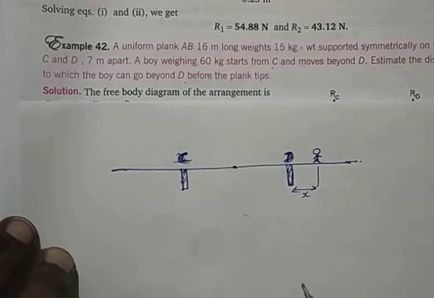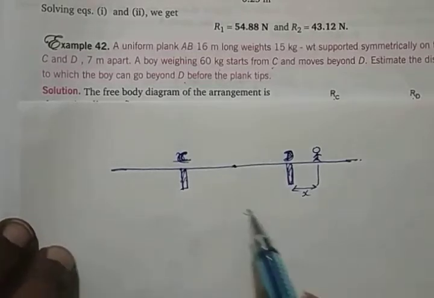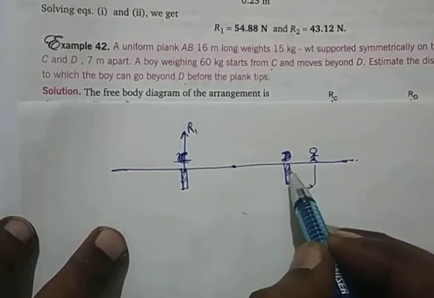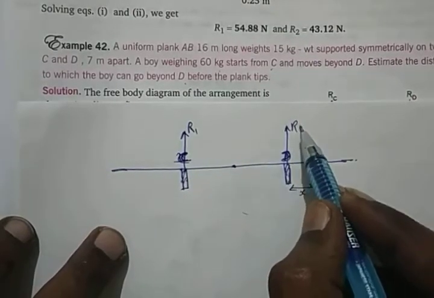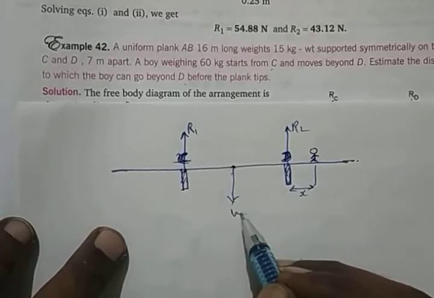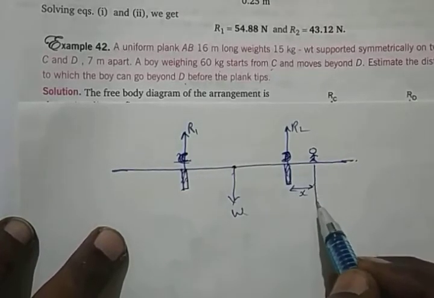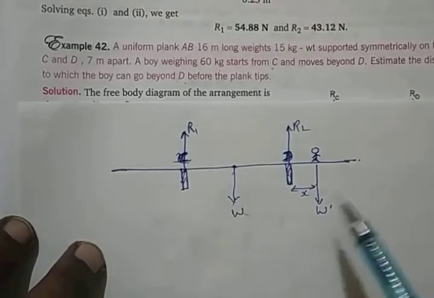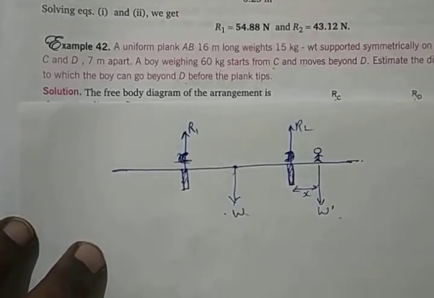So first of all, you can have translational equilibrium. What is translational equilibrium? R1 is here, and R2 is here, and then the weight of this whole plank, W, and this is another weight, W dash. R1 plus R2 is going to be equal to W plus W dash.